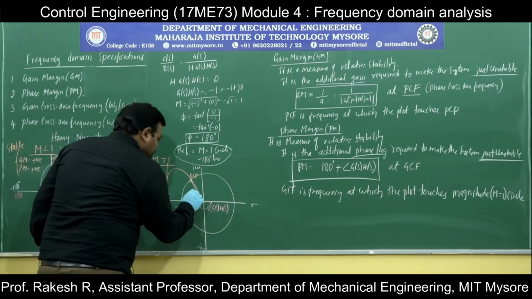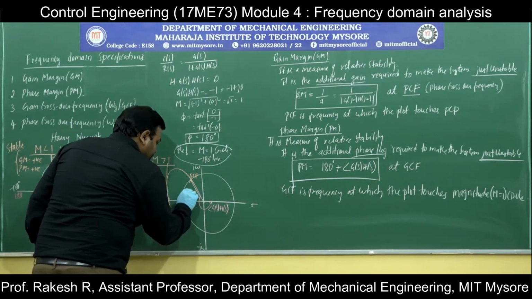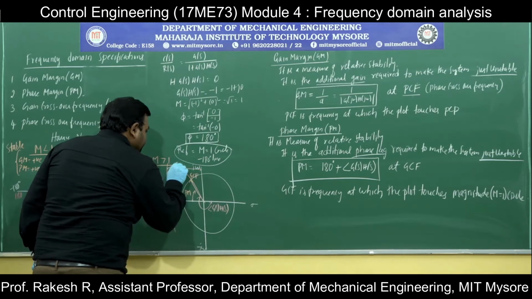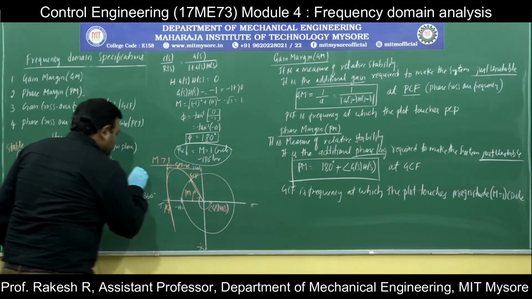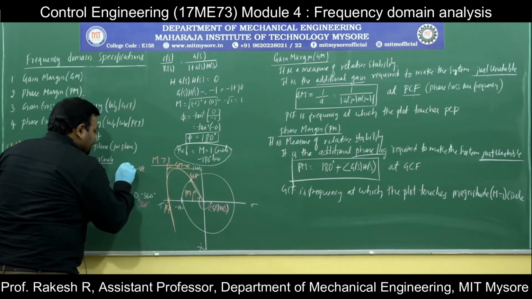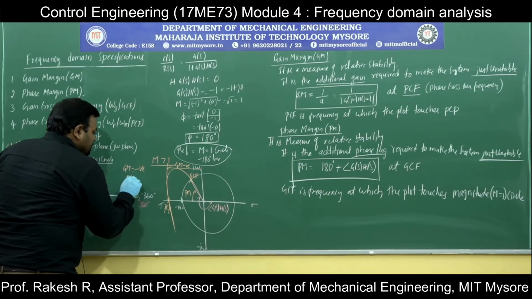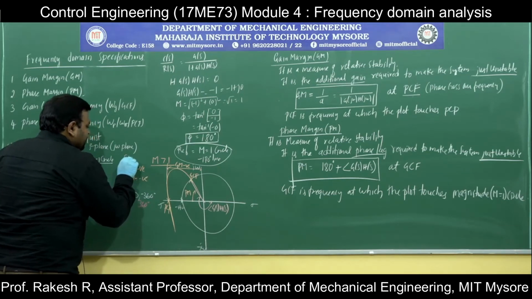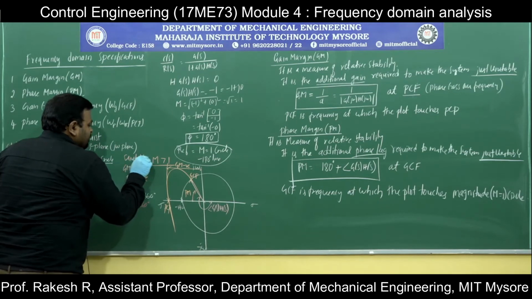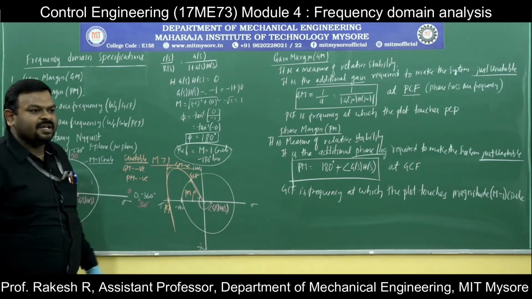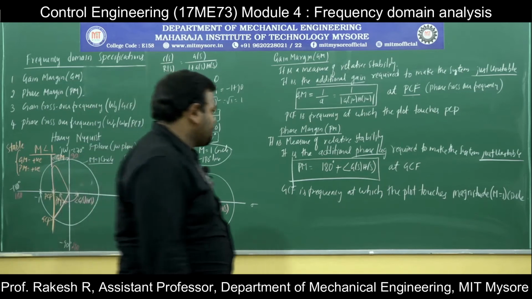This is phase margin, and gain margin becomes negative. So M greater than 1, gain margin will be negative, phase margin will be negative, the system is unstable. Very important, this is one of the analogies we will be using in the problems.